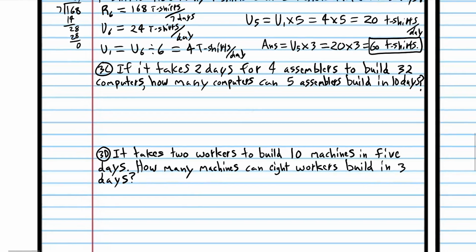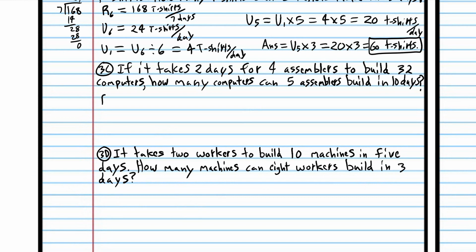All right, we're back. So the rate for 4 assemblers is 32 computers for every 2 days. So you divide those two numbers, and that gives you the unit rate for 4. 32 divided by 2 is 16. That's not one of our multiplication facts, but you can figure that out. Now we want to find the unit rate for 1. We want to find the unit rate for 1 assembler.